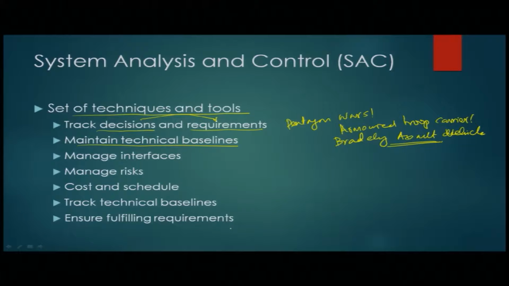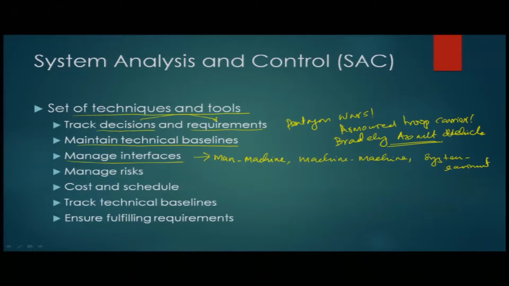And in this process, you have to do some interfacing: the man-machine interface, the machine interface, the system-environment interface. So, there are many interfaces as part of this. How do we manage those?